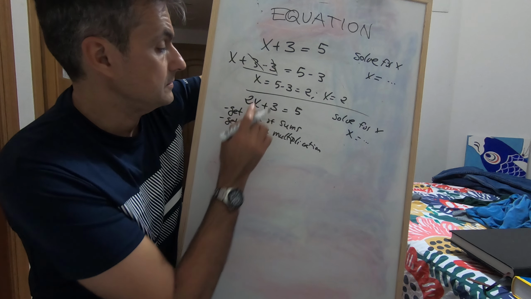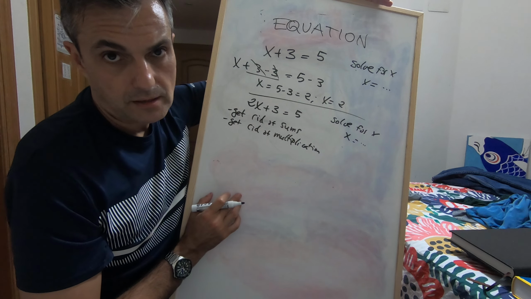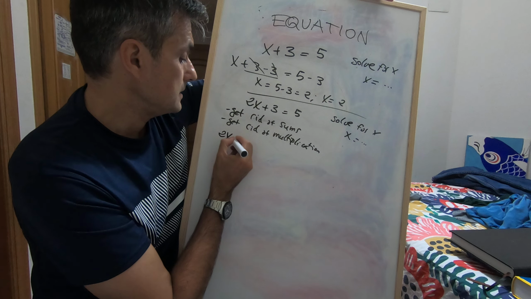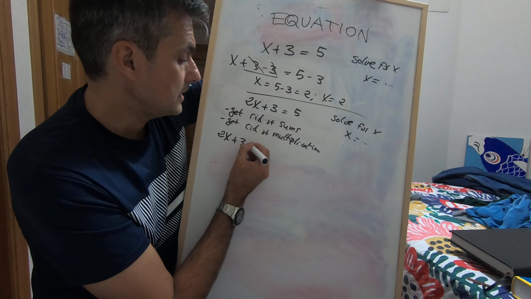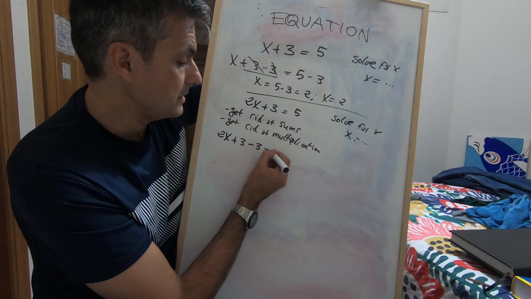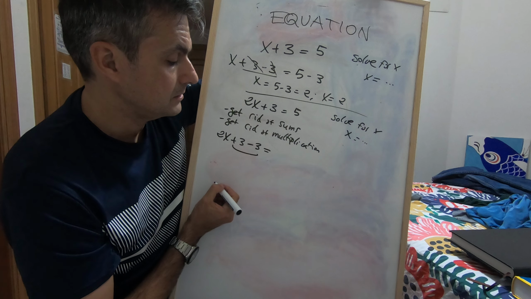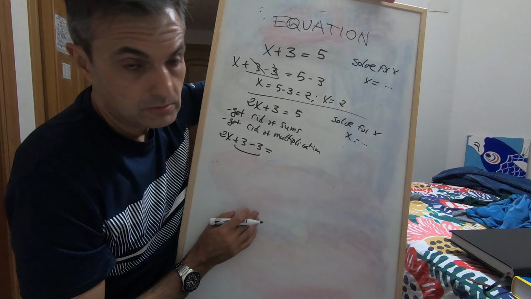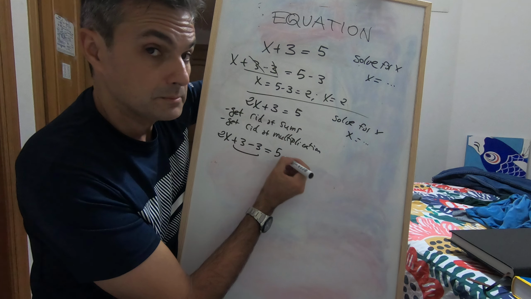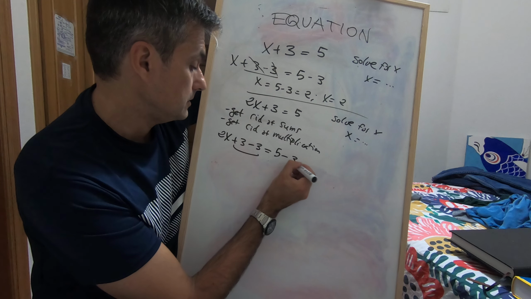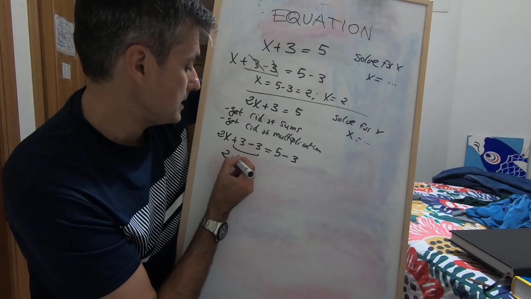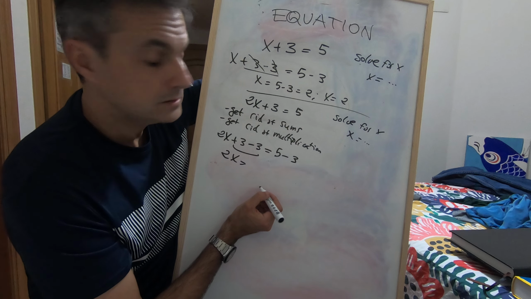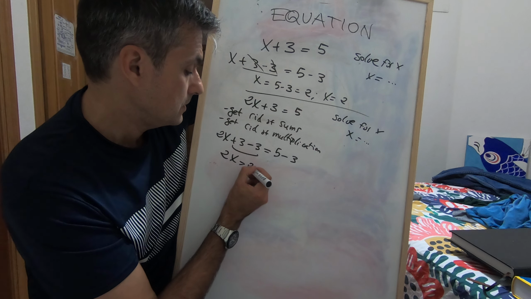So first I get rid of what is summing. How? Subtracting exactly what I want to make disappear. So minus 3: plus 3 minus 3 is 0. And to keep the equality, I have to subtract here, so minus 3. So I have 2x equal 5 minus 3 equal 2.